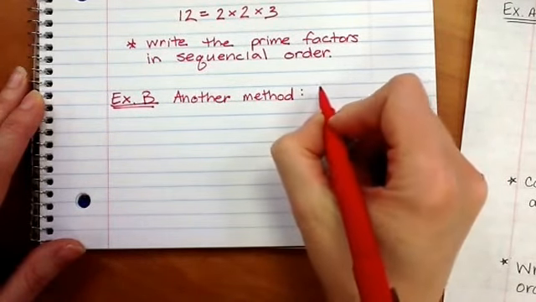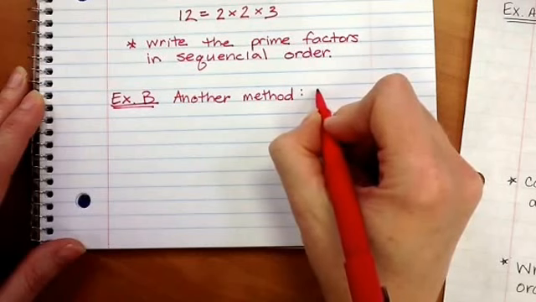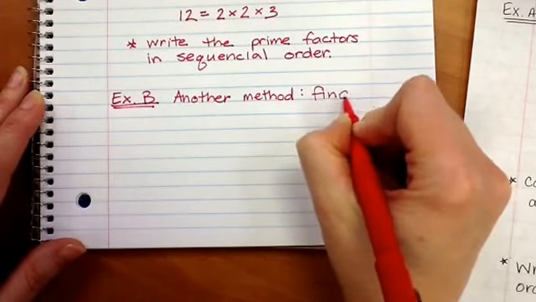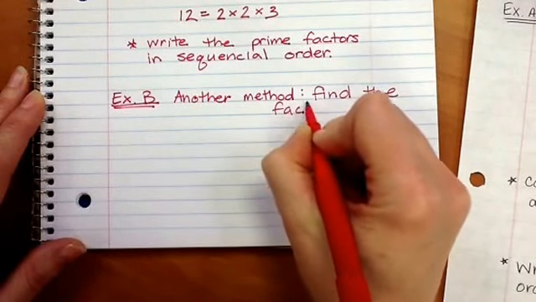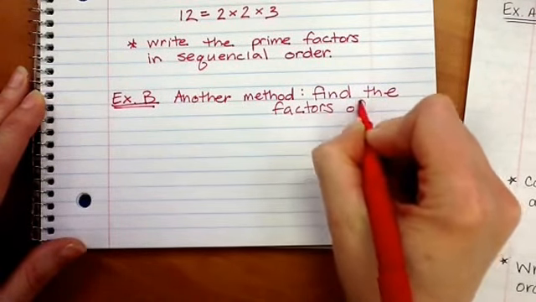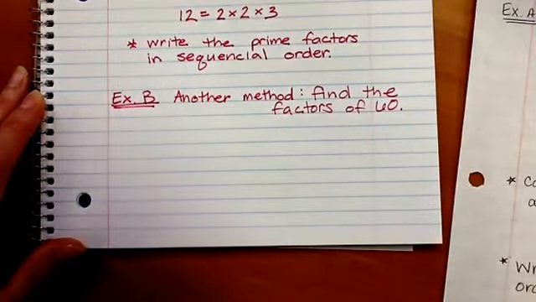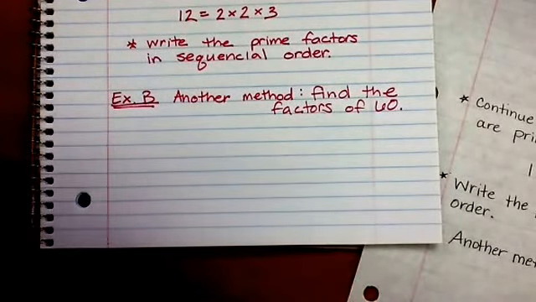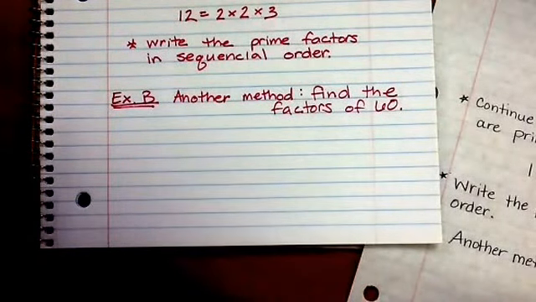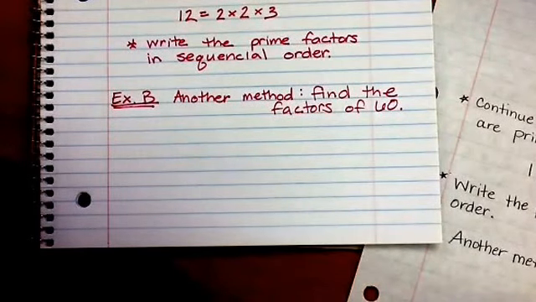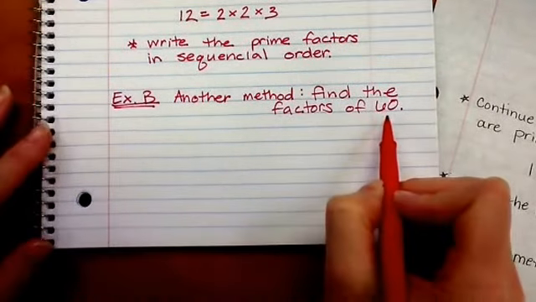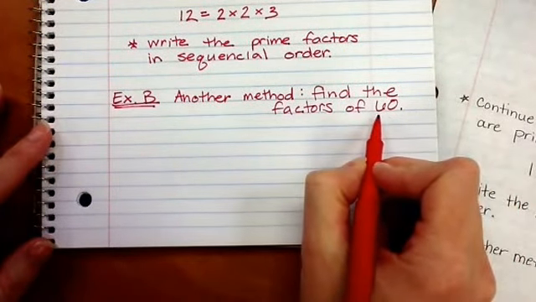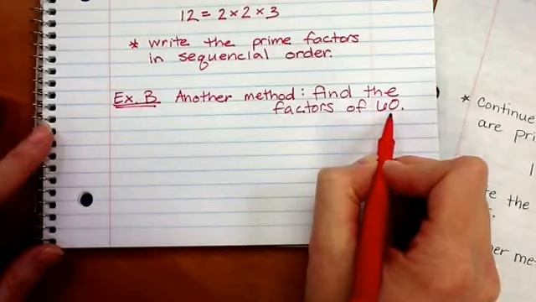And we're going to use this method to find the factors of 60. Now, the name of this method is called long division notation, and it's going to end up looking like a birthday cake. So what we're going to do is we're going to start off with our number 60, and we're going to start to find the factors.